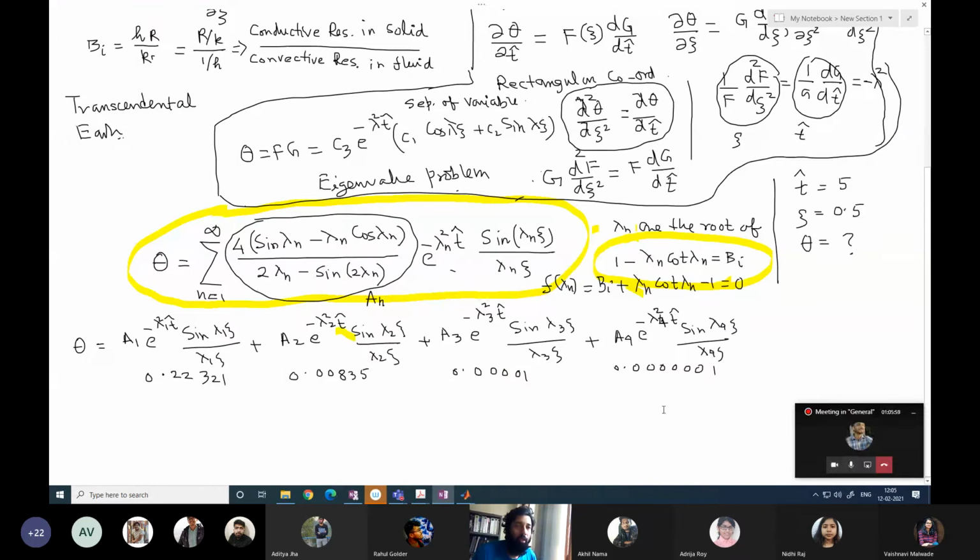Should we plot or take values from a book? If you get some reference from a handbook where these lambda values are given at various Biot numbers, go ahead and get those. If you do not get, you have to plot.